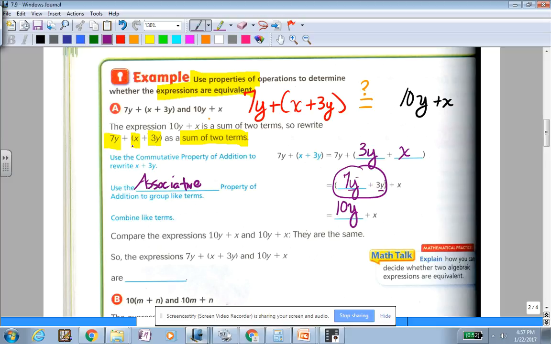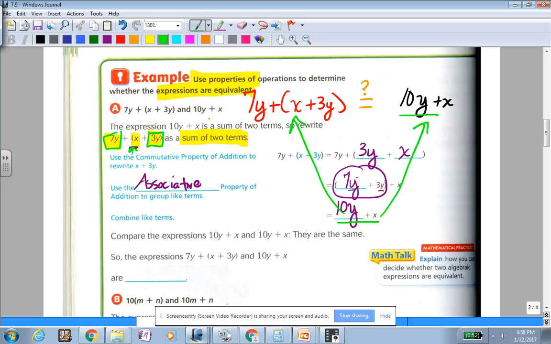And I can't forget about this x that was here. Although these two terms were like terms, I need to remember that x in the original. And so now 10y plus x is what became of that. And guess what? It looks the same to me.